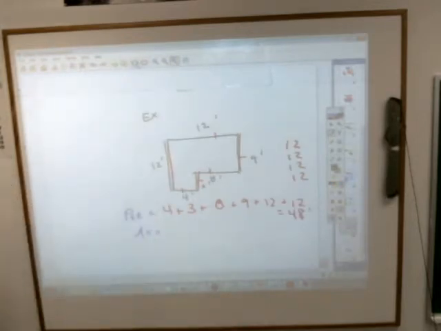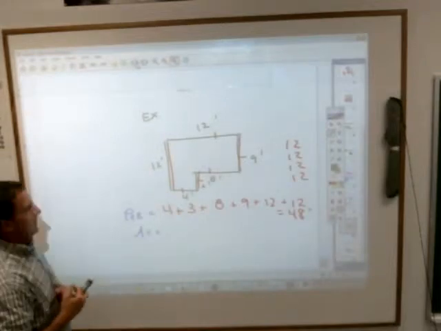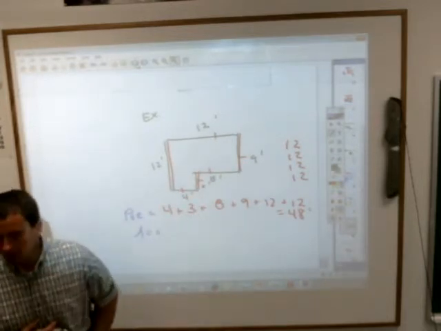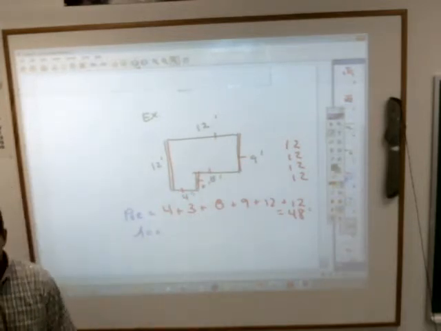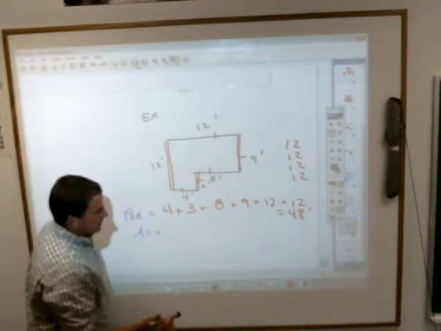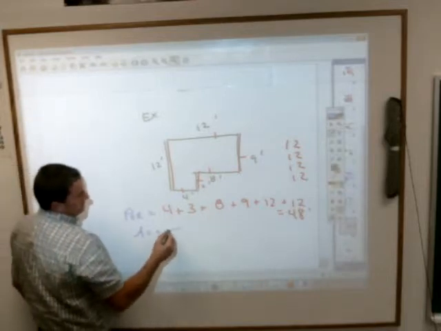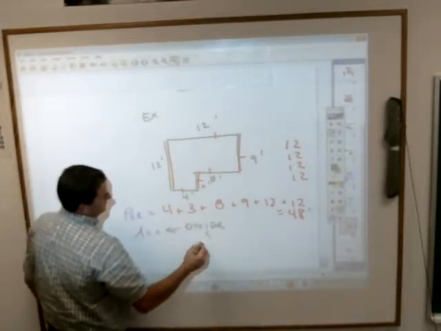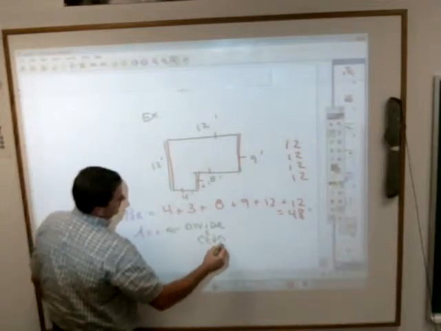Now, here's where the trouble comes. In the area department, I do not have a formula that says how to find the area of this L-shaped thing. So when you don't have that formula, what do you have to do, Caroline? I like to use the words divide and conquer, like the conquistadors.